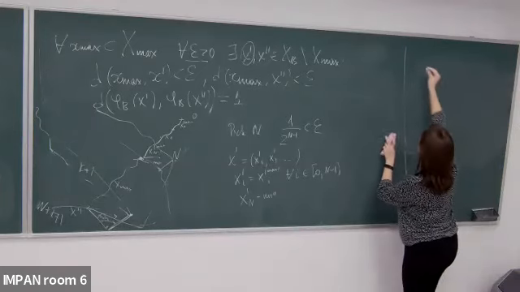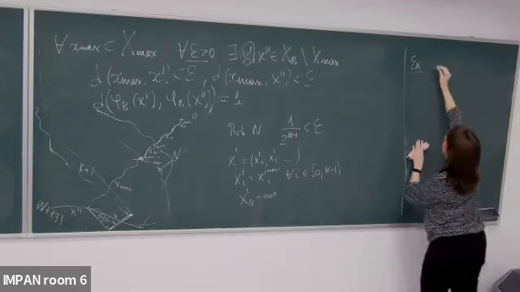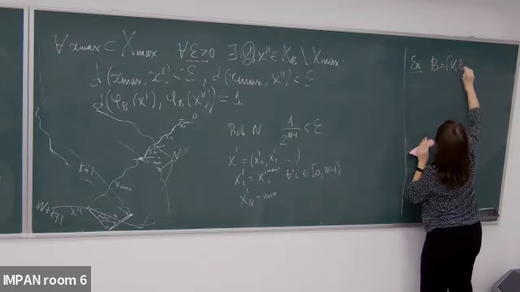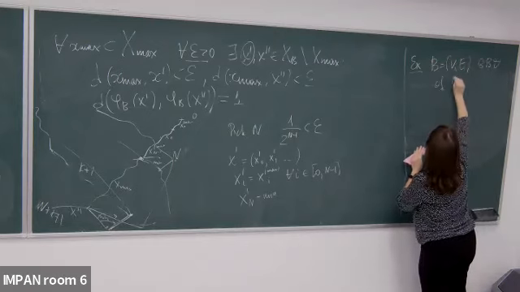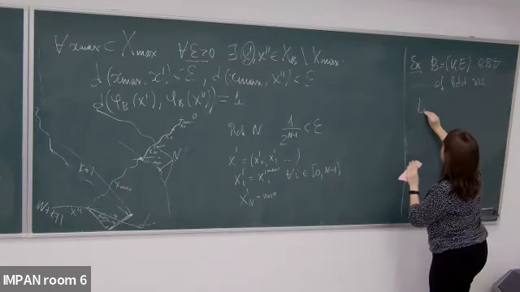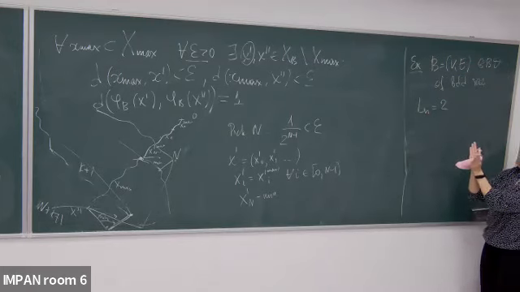So there are classes of examples. We have again a generalized Bratteli diagram with bounded sizes, and we ask that every vertex has only two incoming edges.